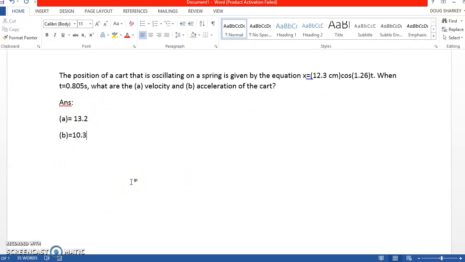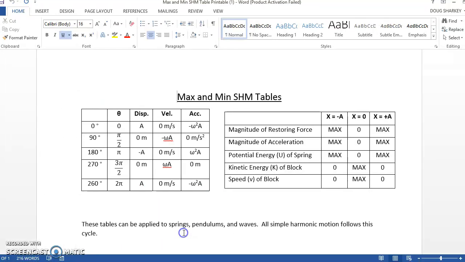So, there's an example problem. Last but not least, this is something that I put on Canvas, and it looks confusing, and it scares folks. All this chart is trying to do is summarize what happens at each one of these times.